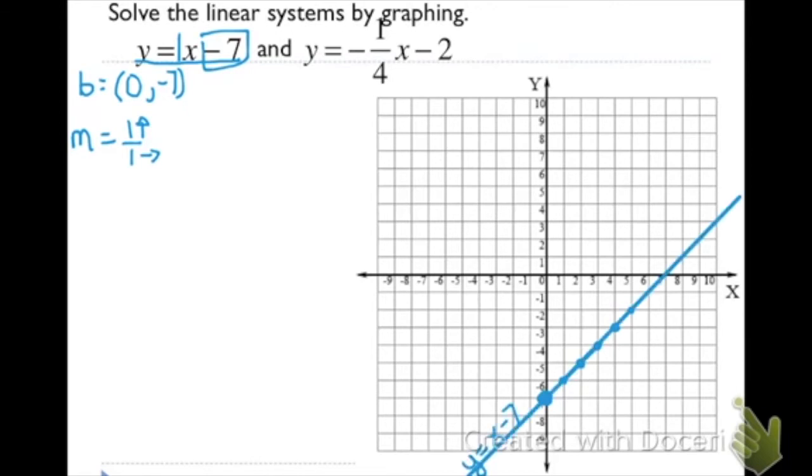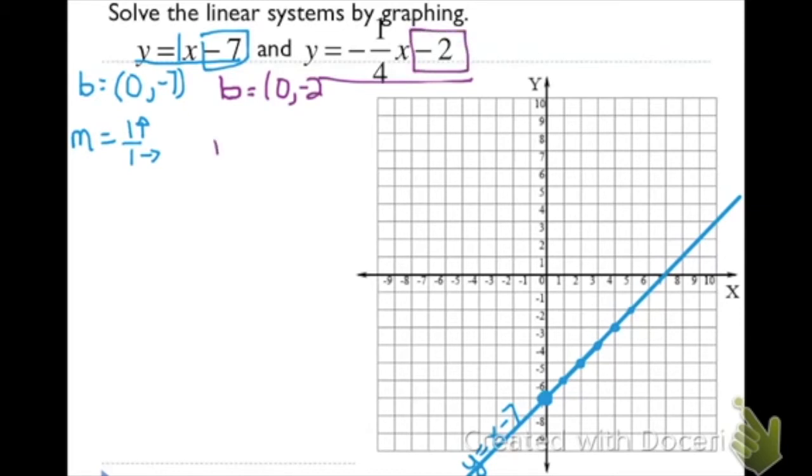Now, I'm going to look at my next equation. y equals -1/4 x minus 2. My y-intercept on this one is (0, -2). You look right here.